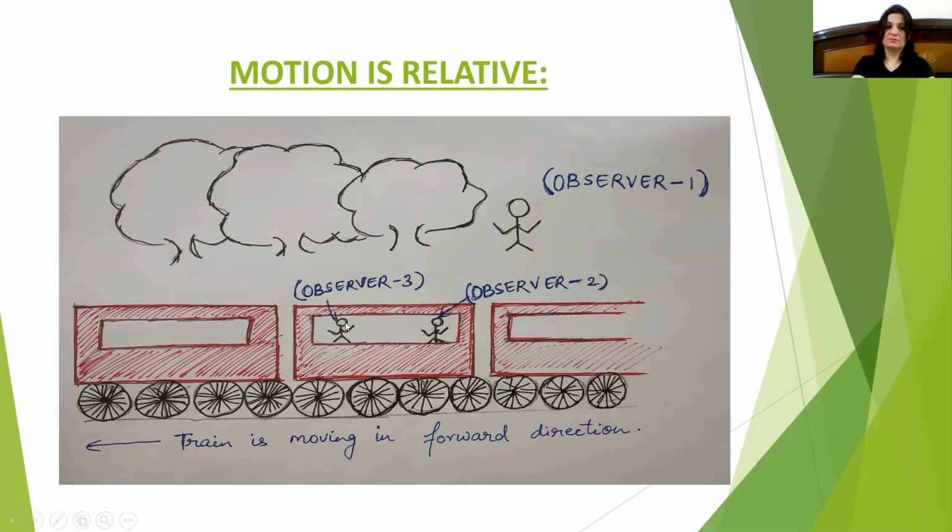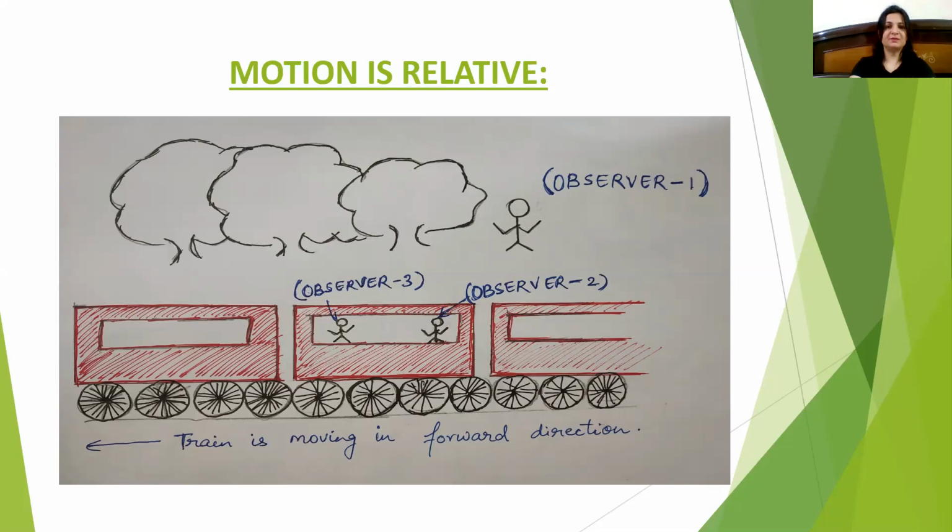For observer 3, again observer 1 and trees are moving in backward direction because he is in the train and the train is moving in forward direction. Observer 2 is at rest because his distance from observer 2 is not changing.